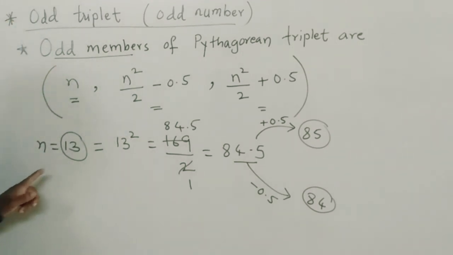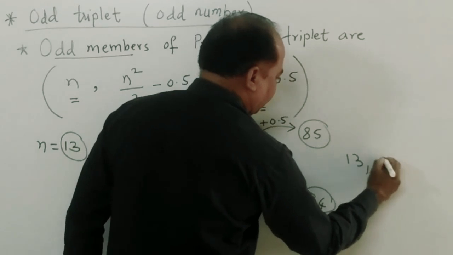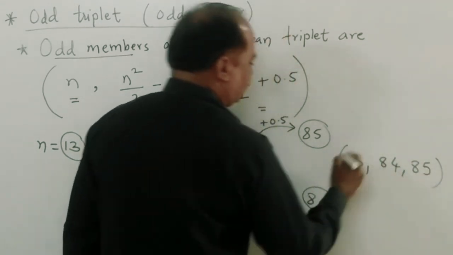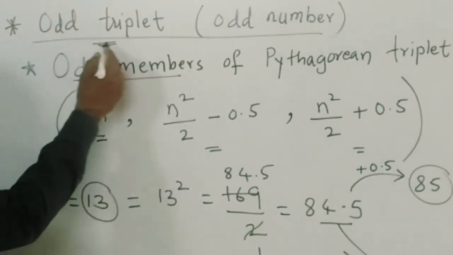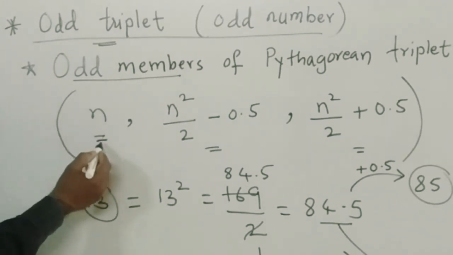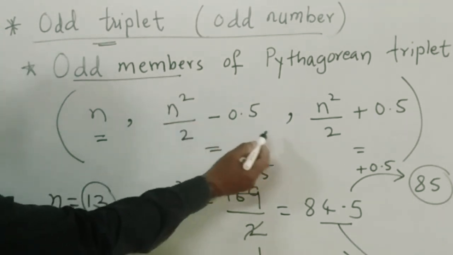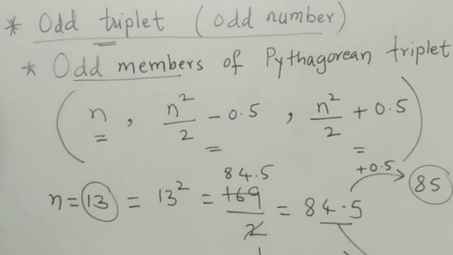So the Pythagorean triplet is 13, 84 and 85. In this manner we can find an infinite number of odd Pythagorean triplets using the formula n square upon 2 minus 0.5 and n square upon 2 plus 0.5.